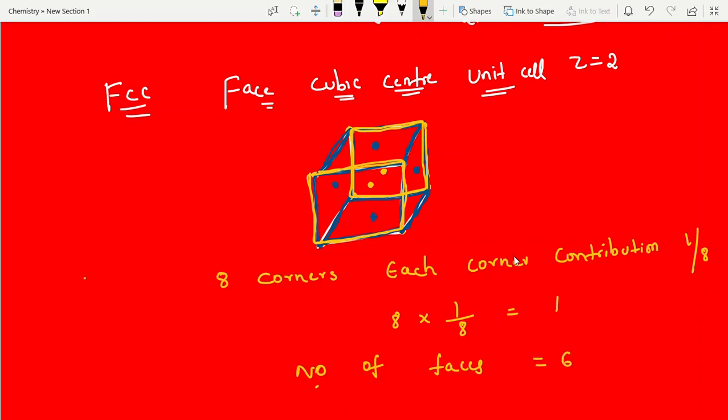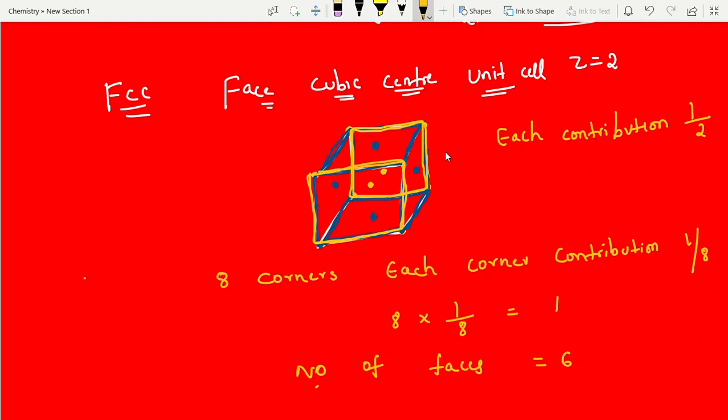Each face contribution is 1/2. How is it? Imagine this one. This is a wall, like even the room where you are sitting you can consider, students. The room wall you can consider. It will connect the 2 rooms, right? This is another unit cell.